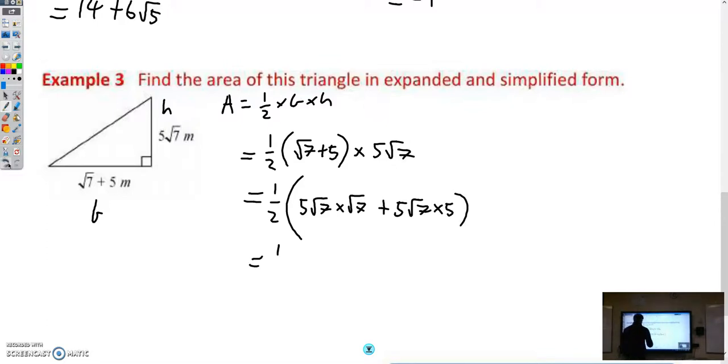We simplify. That's a half. Root 7 times root 7 is going to be 49. So, root 49, which is simplified down to 7. So we have 5 times 7 plus 5 root 7 times 5 is going to be 25 root 7.